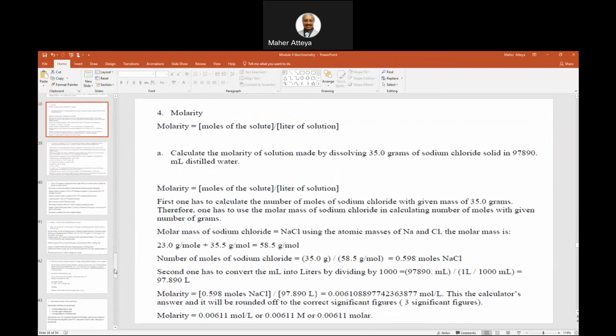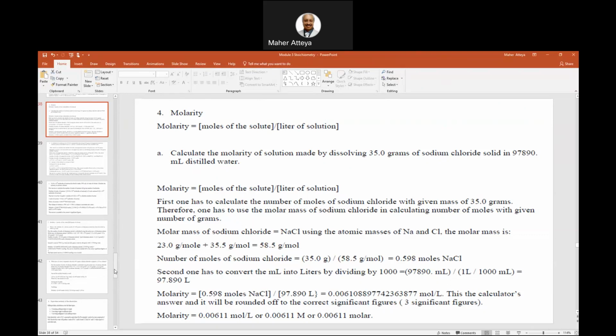Now, what is molarity? We have molality and molarity. What is the difference between molarity and molality? Molarity is a ratio between number of moles divided by liter of the solution. How about molality, with the L, not R? Molality is number of moles divided by kilogram of the solvent.